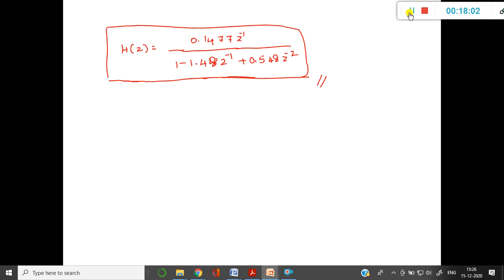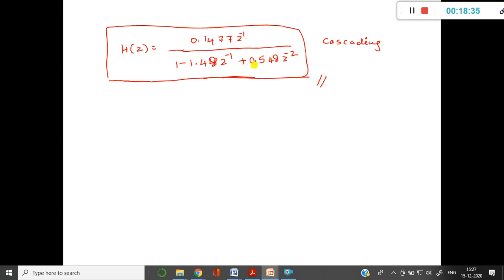Any doubts? So look at this. How do you implement this in terms of hardware? So here it is z inverse. So one delay factor, with 0.14, right? Which is nothing but one flip flop I should use here, followed by the cascading technique that you already learned in the lattice structure in signals and systems, where you try to write this as input.